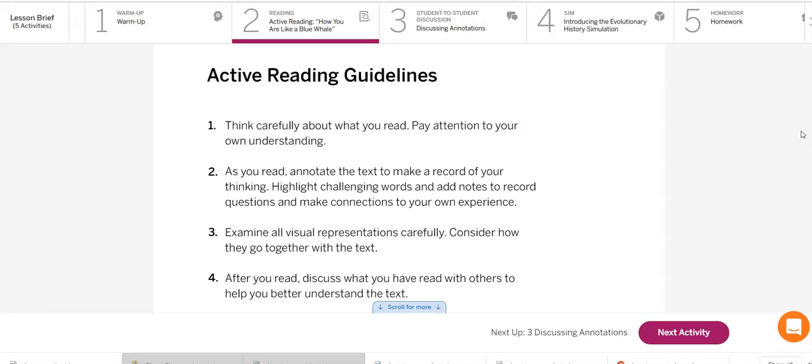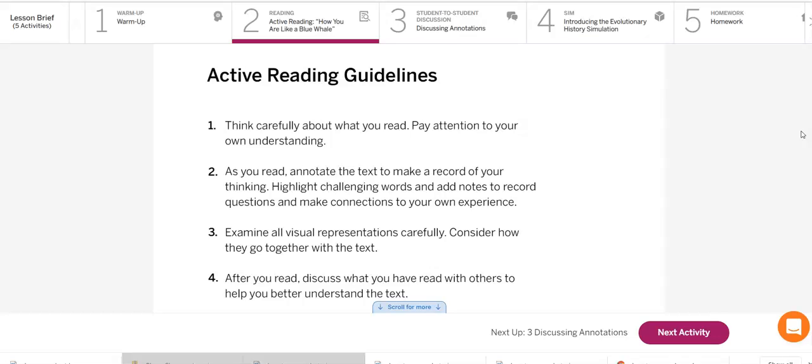As you read, annotate the text to make a record of your thinking. Highlight challenging words and add notes to record questions and make connections to your own experience. Examine all visual representations carefully. Consider how they go together with the text. After you read, discuss what you have read with others to help you better understand.